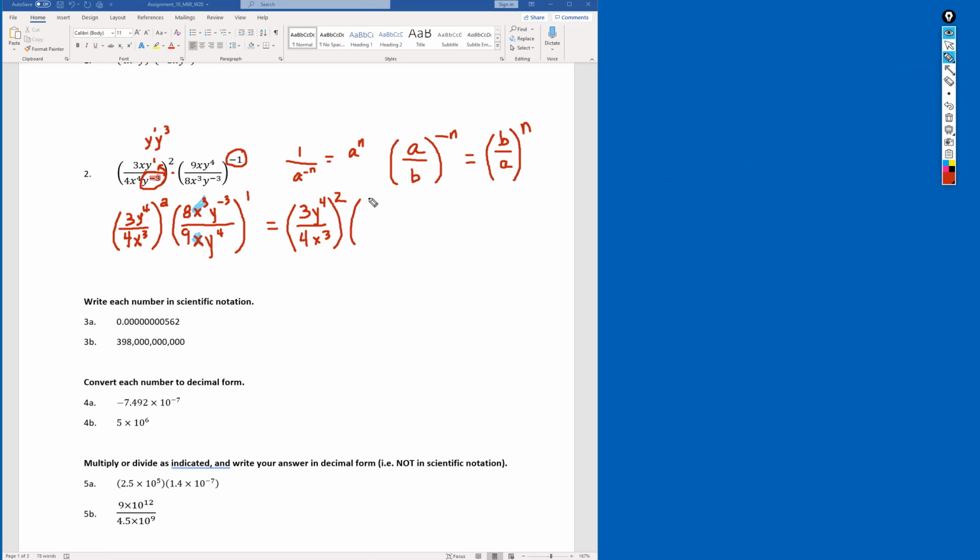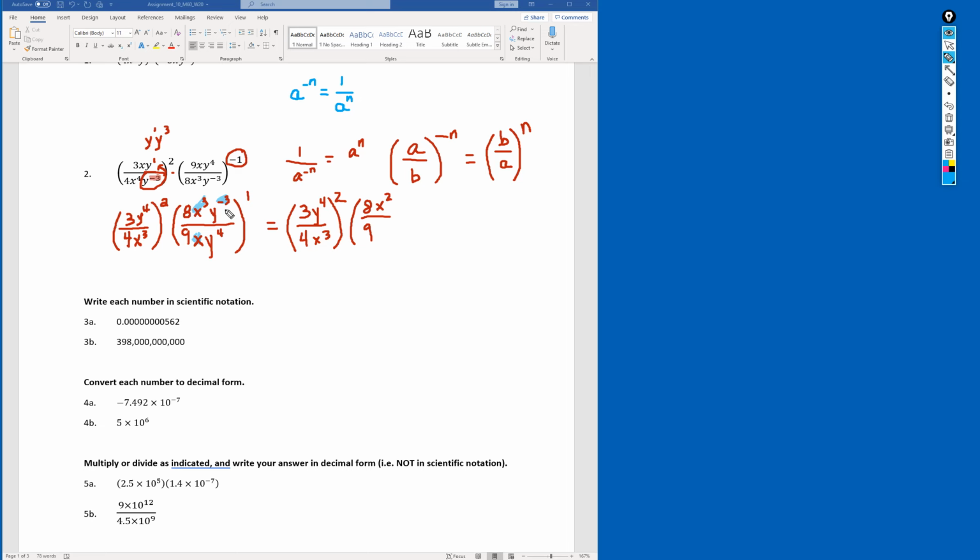Nothing is going to change with the 8 over 9. Let's just write that in. But then we're combining the x's, so we're going to have x squared. And then the y's, what do we got going on? Well, we have a y to the negative 3 here. So we're going to use the other form of the negative exponent rule. If you just have a to the negative n, that's the same as 1 over a to the positive n.